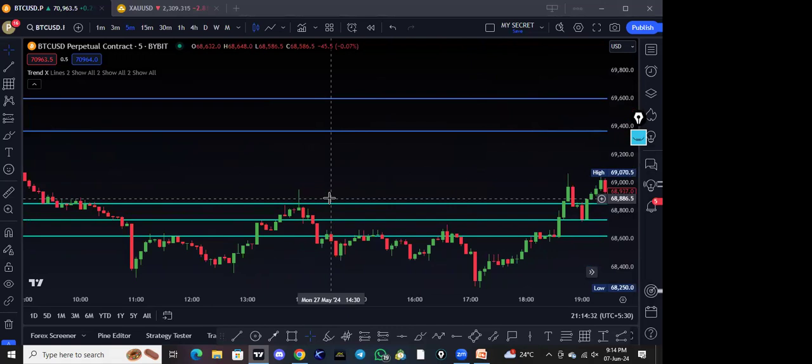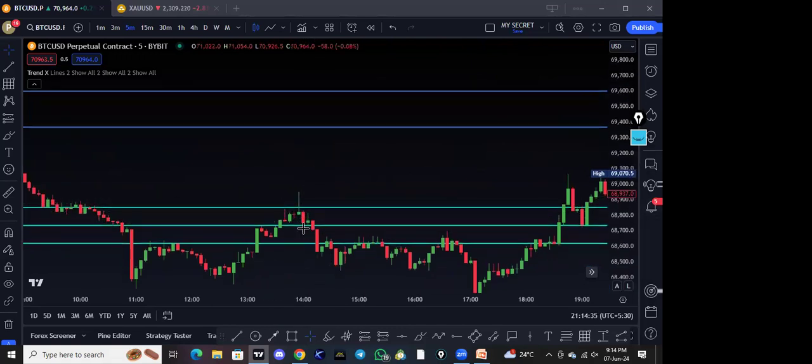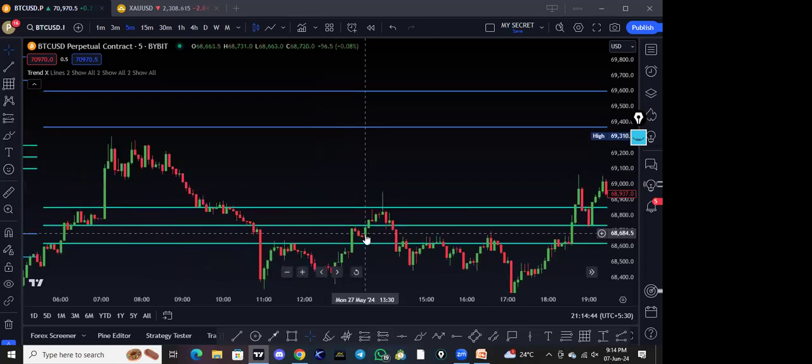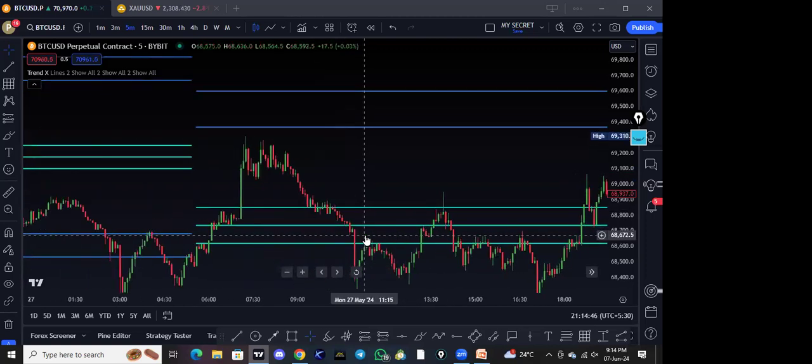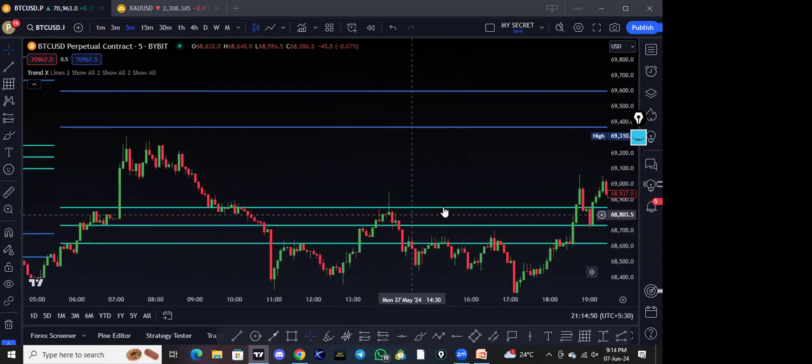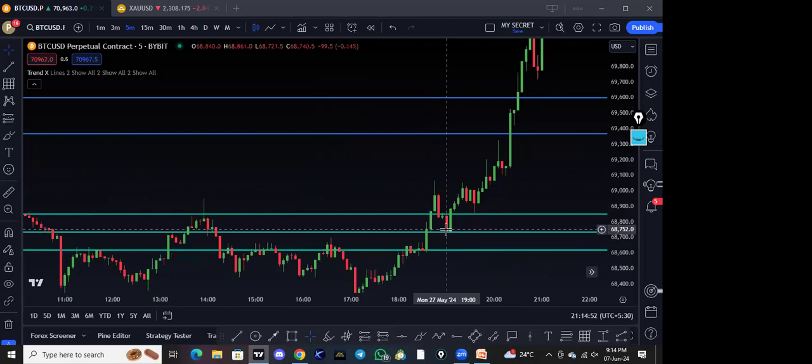Trust me, it shows you so beautifully. See, like an inverted hammer, I told you, right? If the wick is there it's an inverted hammer, if not, a gravestone doji. Until a candle closes above this trend X, we are not going to take the trades.